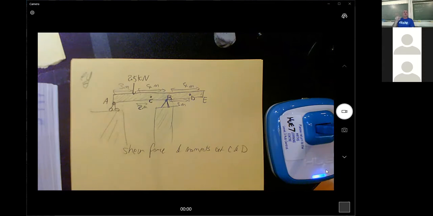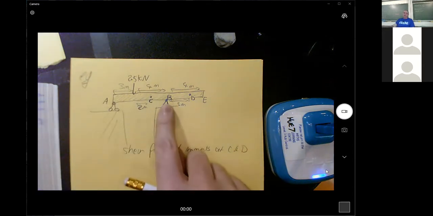Is that how it works? Because it's on wheels, they can't push this way. Okay, and this one being a proper pin means it can produce reactions in both directions. That's the idea.